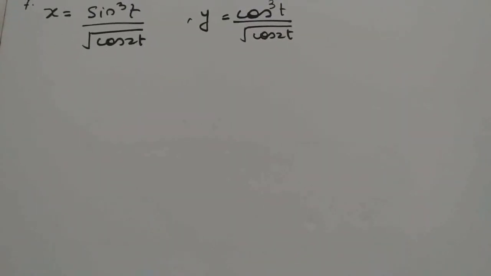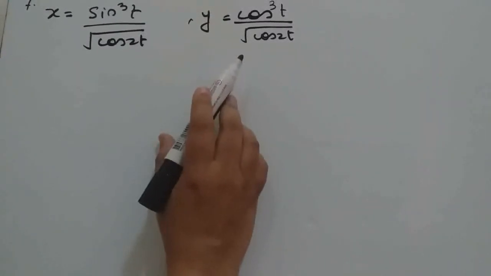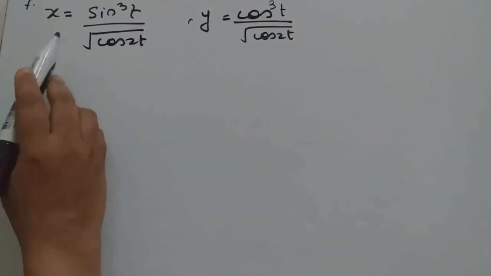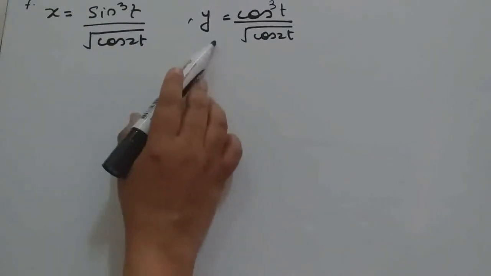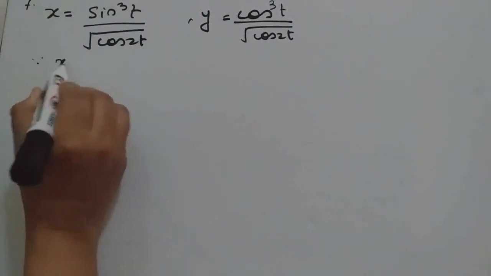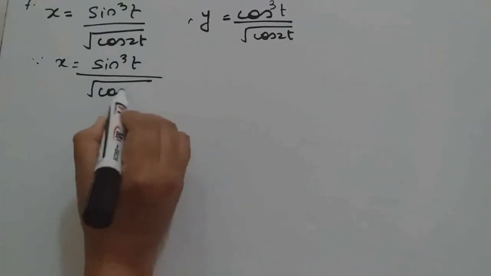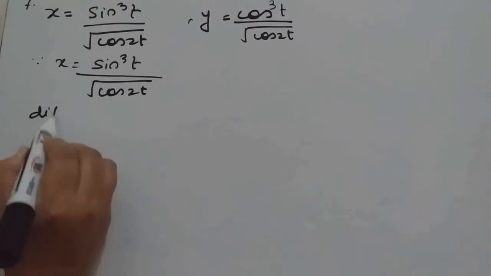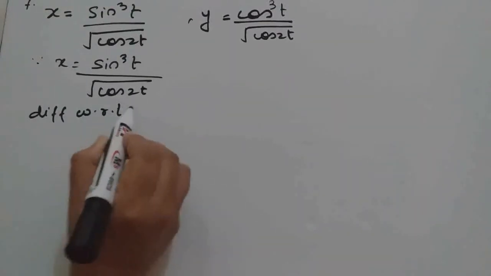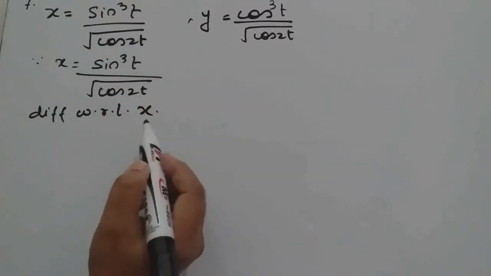In question number 7, x is a function of t, y is a function of t. So we'll find dx by dt, dy by dt, and then the fraction. Since x is sine cube t over root cos 2t, differentiate with respect to t. So two functions, in quotient rule we can apply, isn't it?